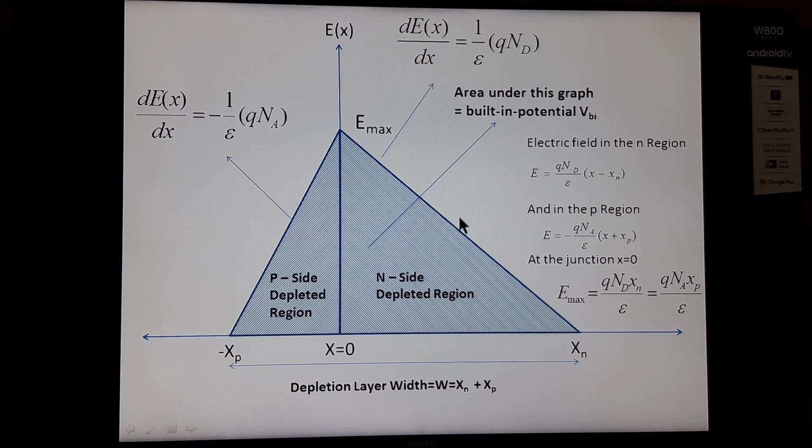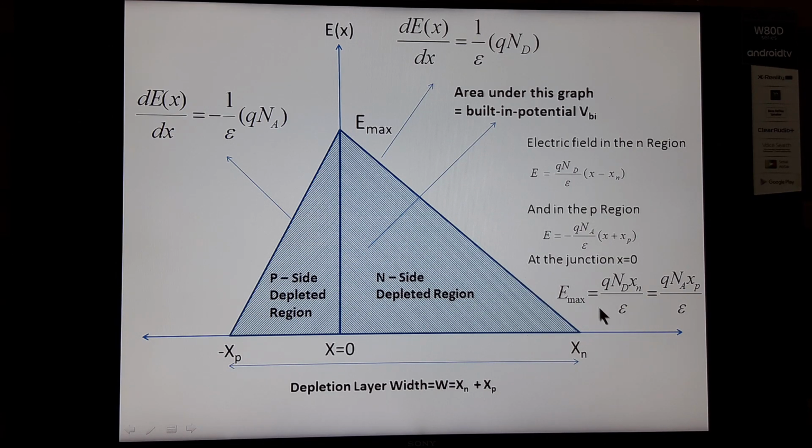The electric field value at any point in the N side or at any point in the P side may be calculated from this relation, that is, electric field as a function of x, where xn is the depletion region end of the N side, and similarly for the P side also. Putting the value of x at the metallurgical junction of the PN junction diode, that is the contact point, we get the maximum electric field E max, and that may be calculated by putting the value of x as 0, both in the N side and P side.